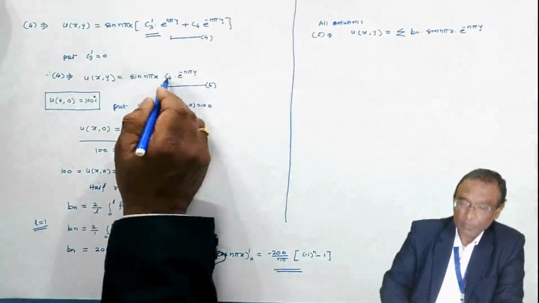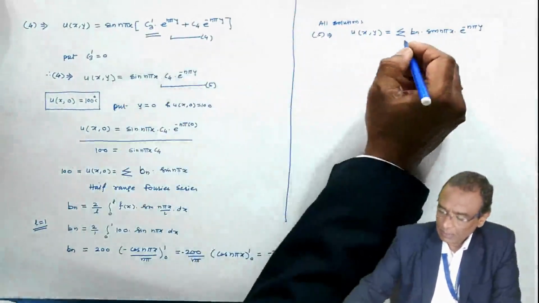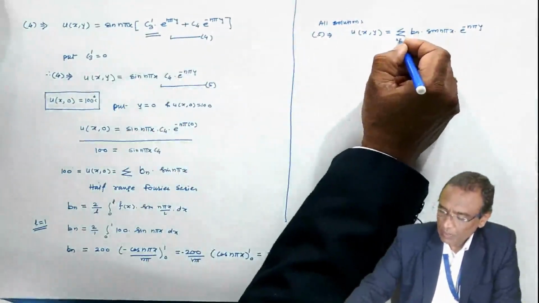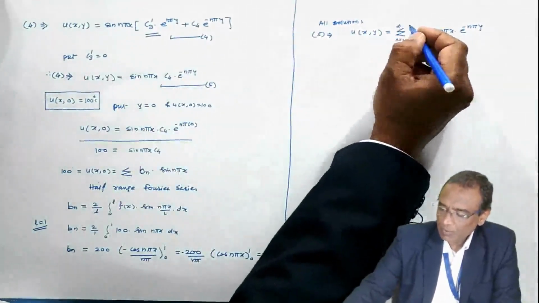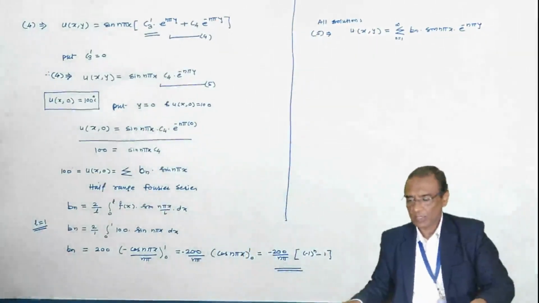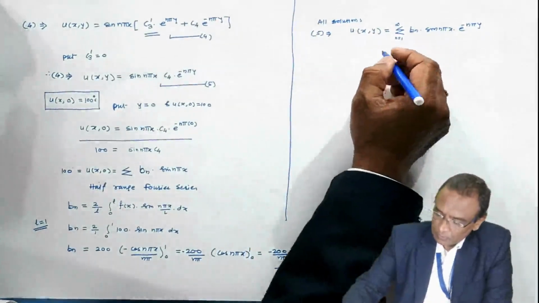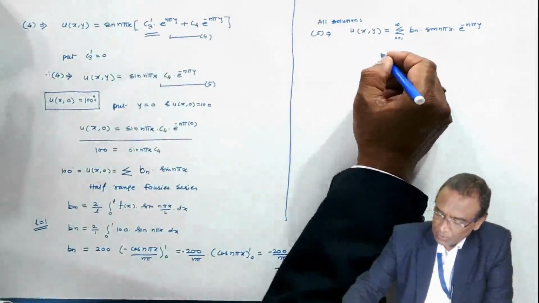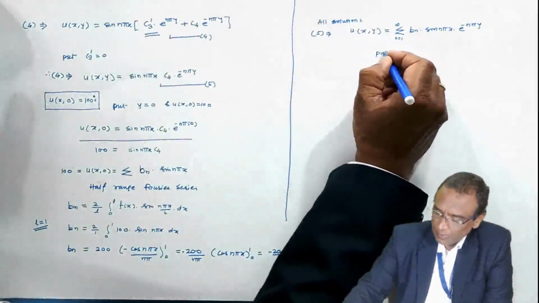This C4 I have written replaced by summation Bn. In previous lectures we have done so, therefore I am not going to explain it much.